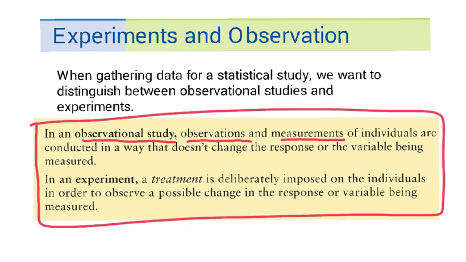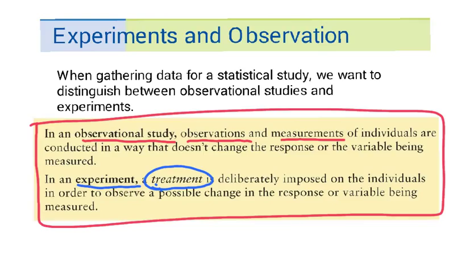Right? That's different from an experiment. Okay? If we're doing an experiment, then there's some sort of treatment that we're deliberately imposing on the individuals or the objects in order to see if there's a possible change in the response or the variable being measured. Okay? So this might be if we're trying to test a new drug, right?